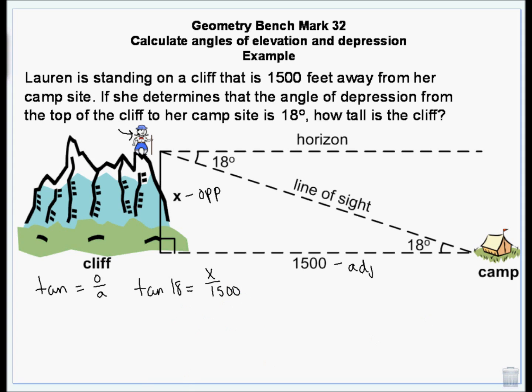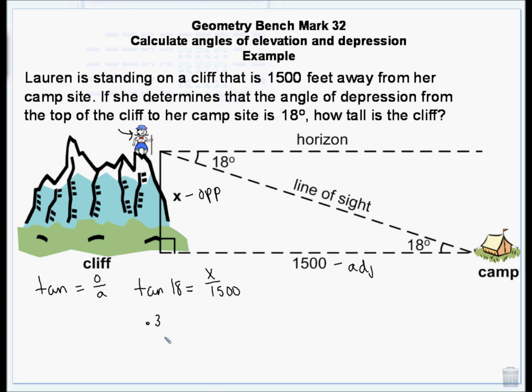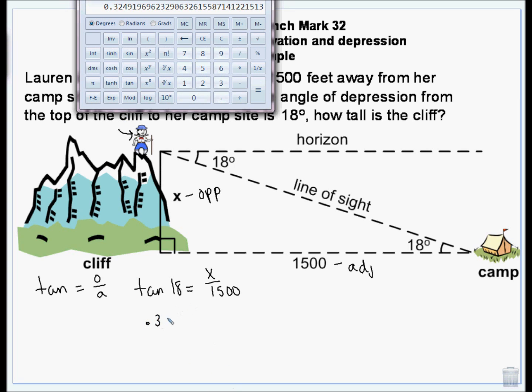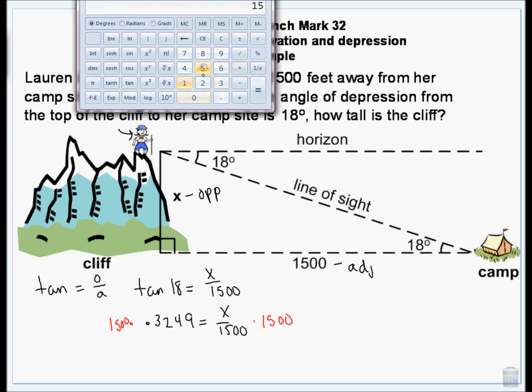Next we go to our calculator and take the tangent of 18, so that's 0.3249 is equal to x over 1,500. Multiply both sides by 1,500. So multiply our tangent times 1,500, and we get that x is 487 feet.